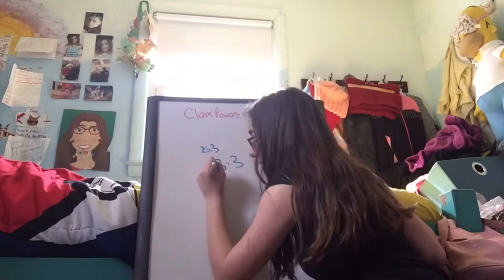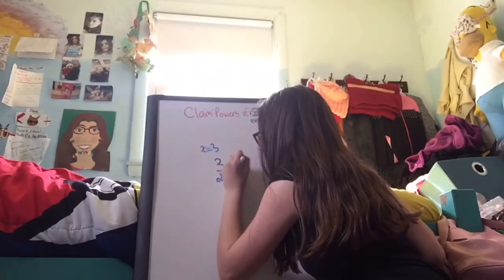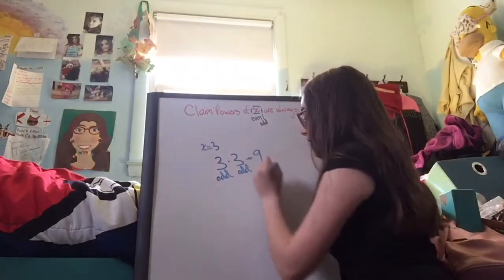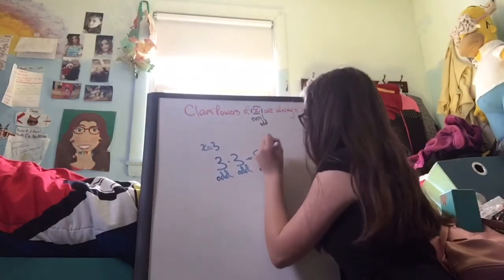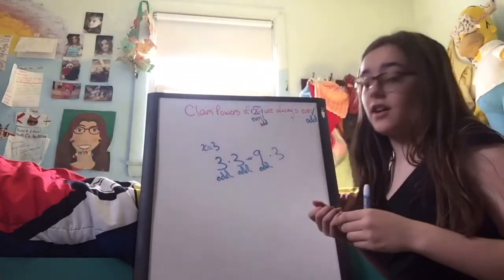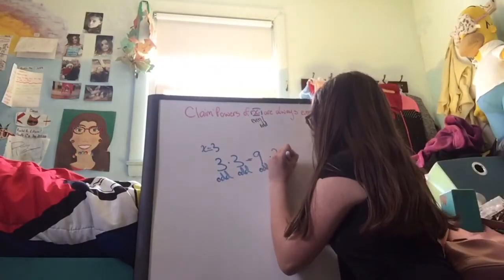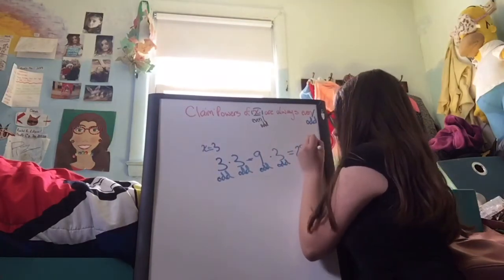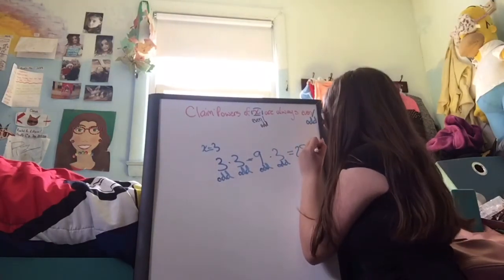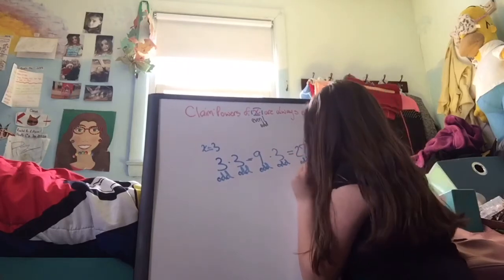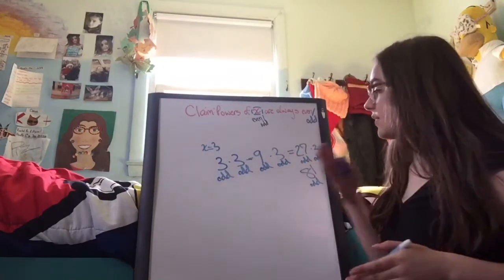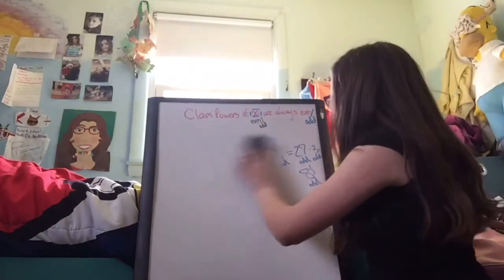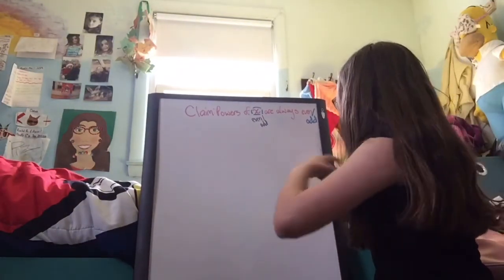Well, 3 and 3 are both odd, and an odd number times an odd number is still an odd number. Then we multiply by 3, an odd number, and we get another odd number. It will just go on and on forever as odd.